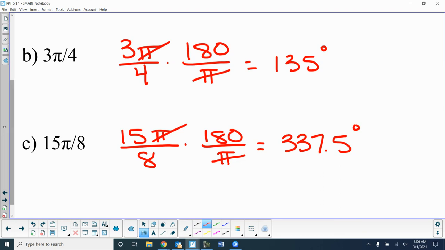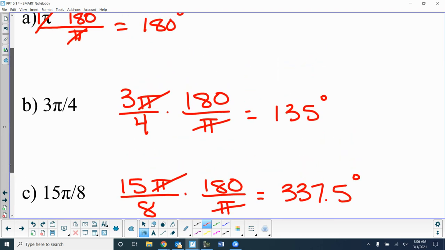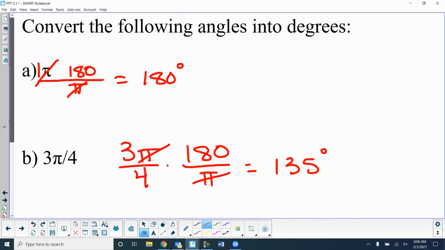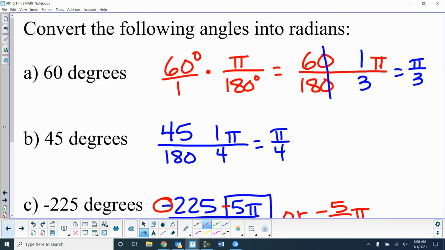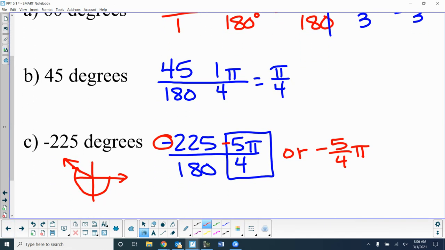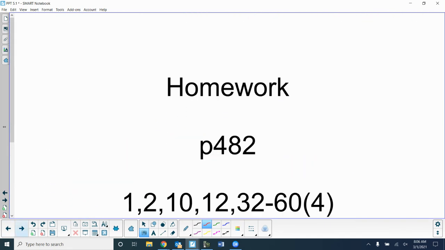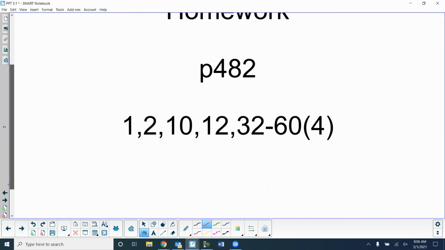All right, changing from radians to degrees, you go 180 over pi, degrees to radians, pi over 180. Basically just divide by 180 and put pi in your answer. Okay, I think that's it for today.